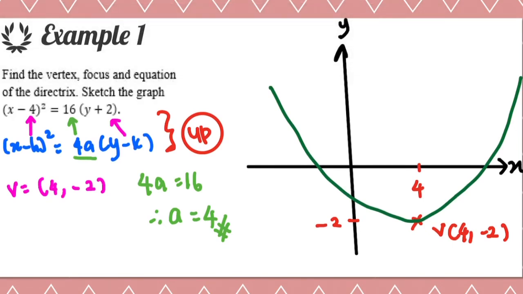Let's fill in our a. Our a should be 4. Therefore, your focus will be in front of your vertex. So climb up as much as 4. Therefore, your new y coordinate now is 2.